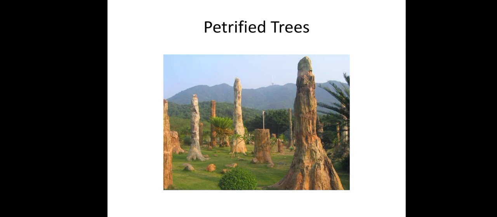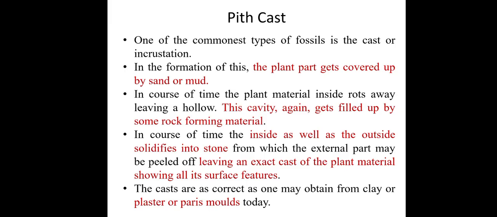the petrified trees. Then the pith cast is a common type of fossil in which a plant part gets covered up by sand or mud. And here this cavity is filled up by rock-containing material.